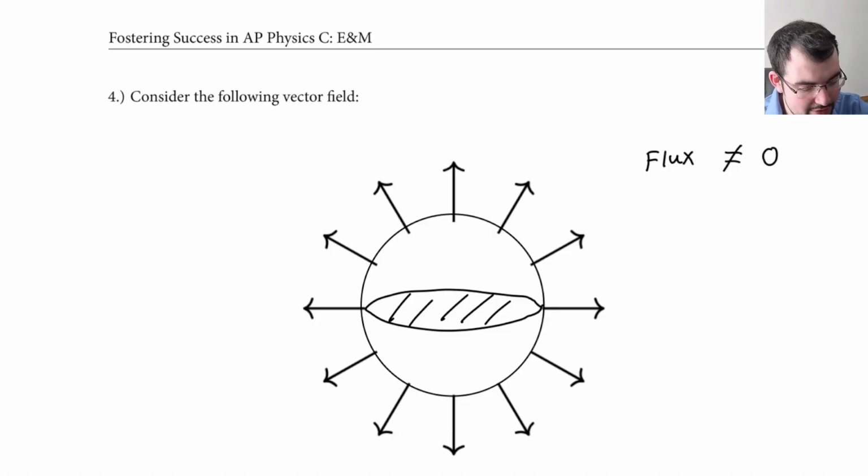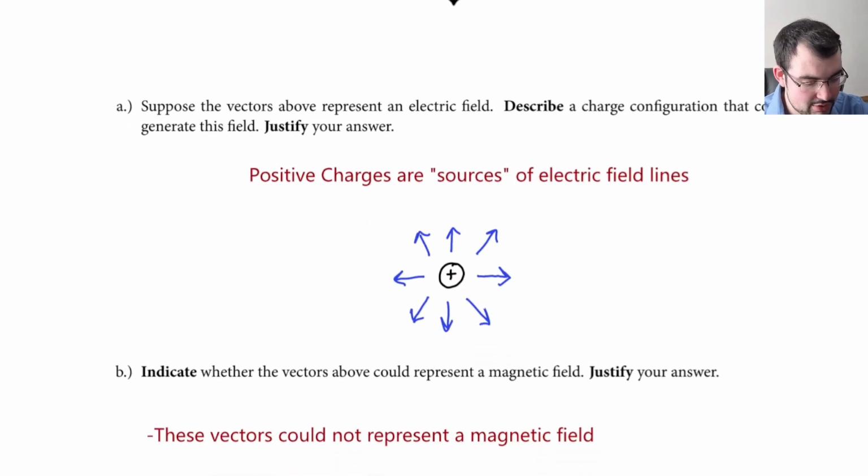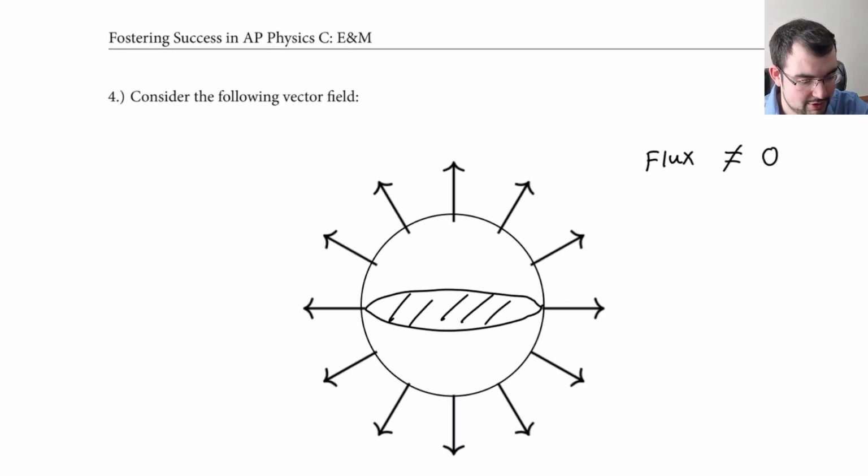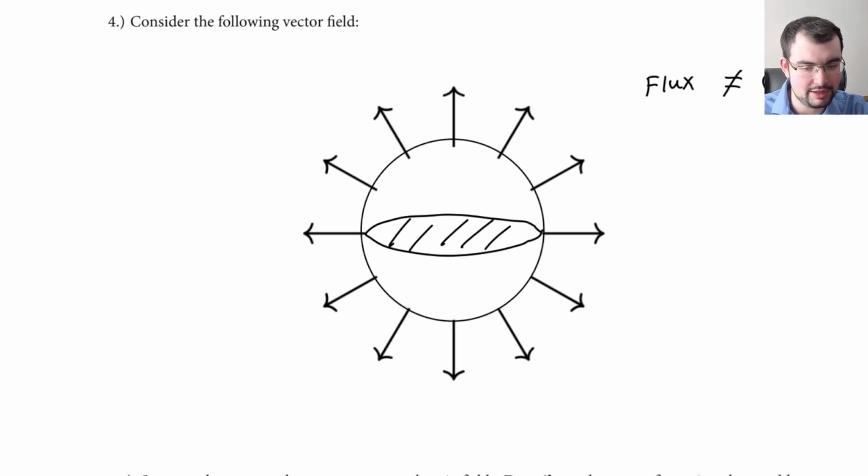And it turns out that the flux due to electric fields need not be zero. And we're really interested in that. Because you can totally just have positive charge by themselves, and that'll generate flux. So that's totally fine for an electric field, but can't be magnetic, because magnetic fields have the looping in on each other property.